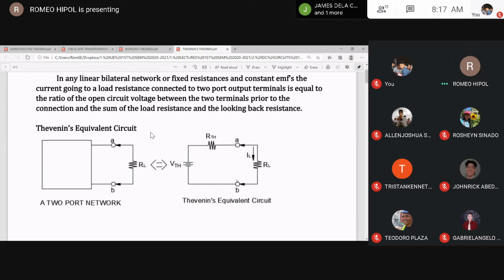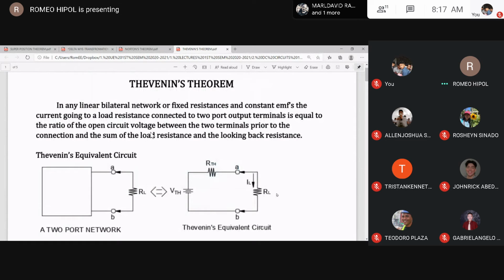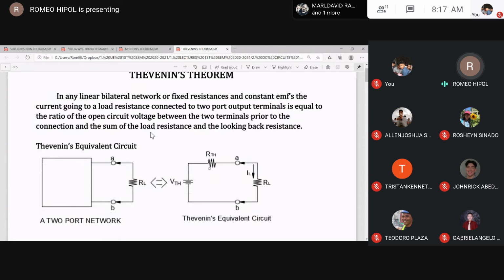So, ano ba nangyayari in Thevenin's equivalent circuit? Initially, first step kasi rito is to isolate the load resistance. Yung resistance na hinahanap natin. Naintindihan? Ito yung load resistance. And then, finding the equivalent Thevenin's resistance. So, ito yun. Actually, may formula tayo rito.